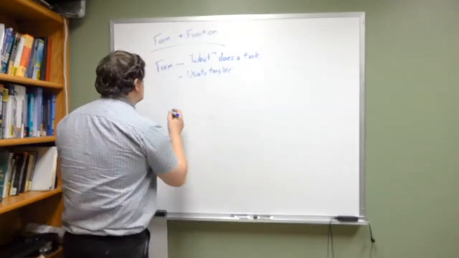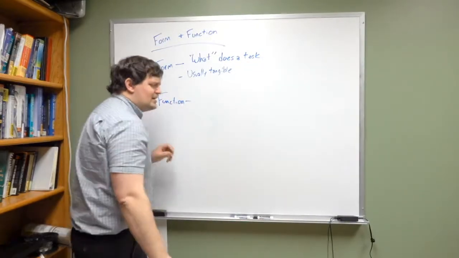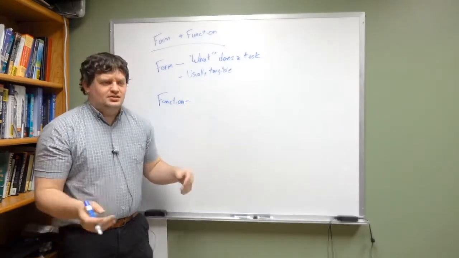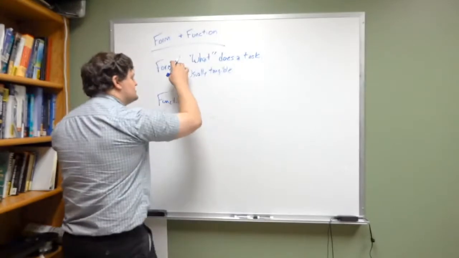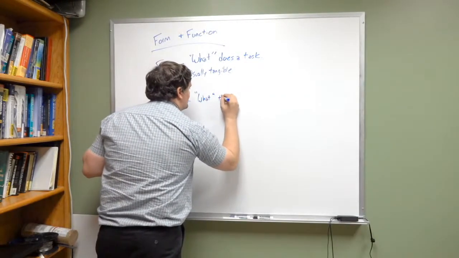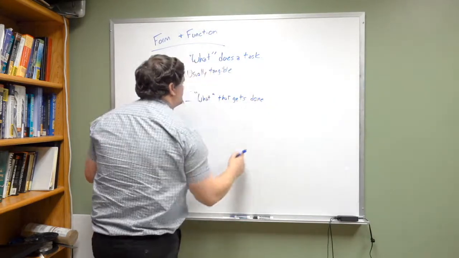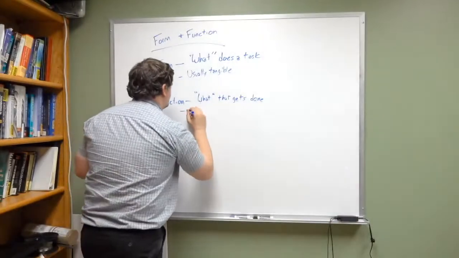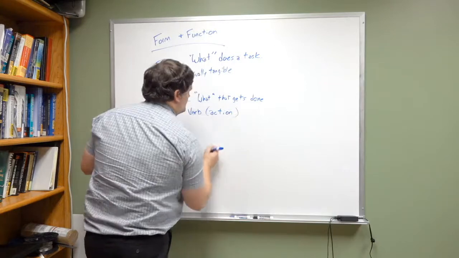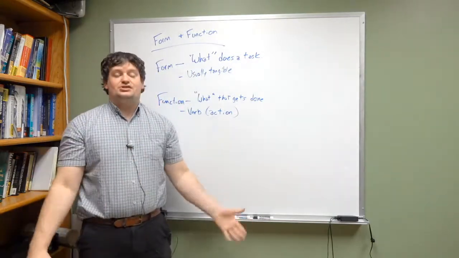And on the other side, you have function. Now function is a what gets done. So the form is what does a task, and the function is the what that gets done. Oftentimes this is a verb. It's an action. So let's say I need to go home.